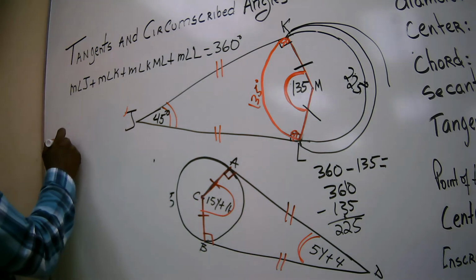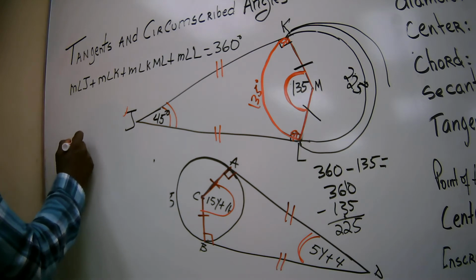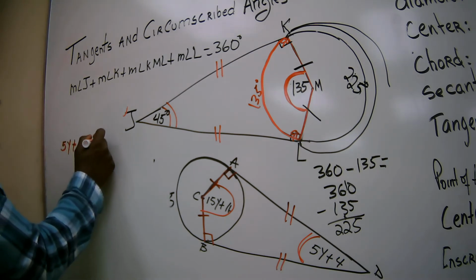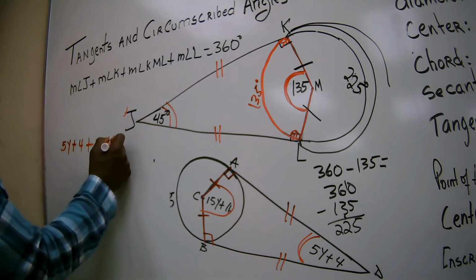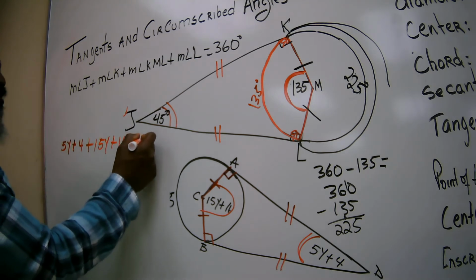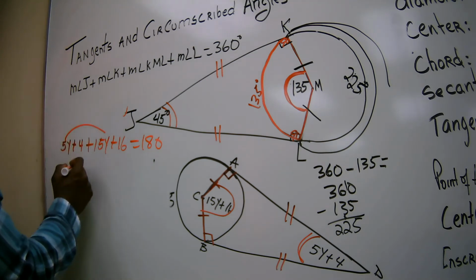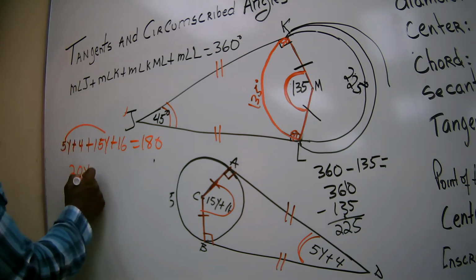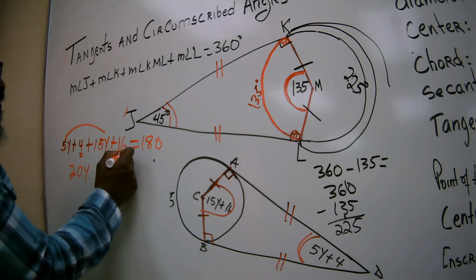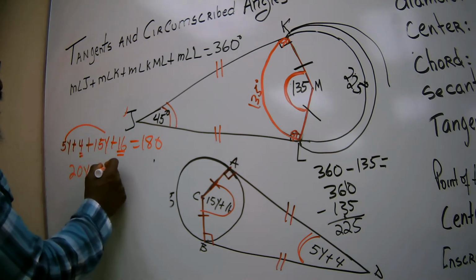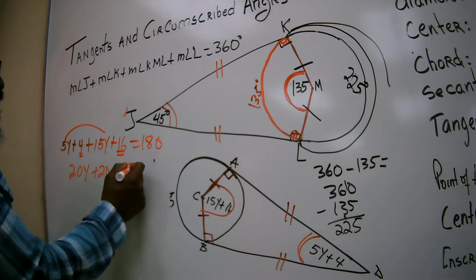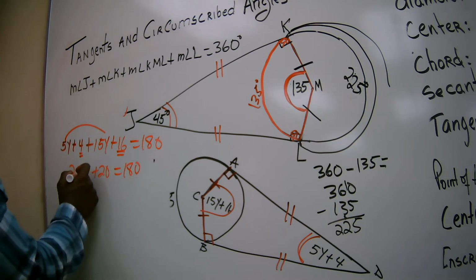Then you will have 5y plus 4 plus 15y plus 16 is equal to 180. That's our equation. Now we need to combine like terms. 5y plus 15y is 20y. 4 plus 16 is 20, is equal to 180. As you can see, those have 10 in common.